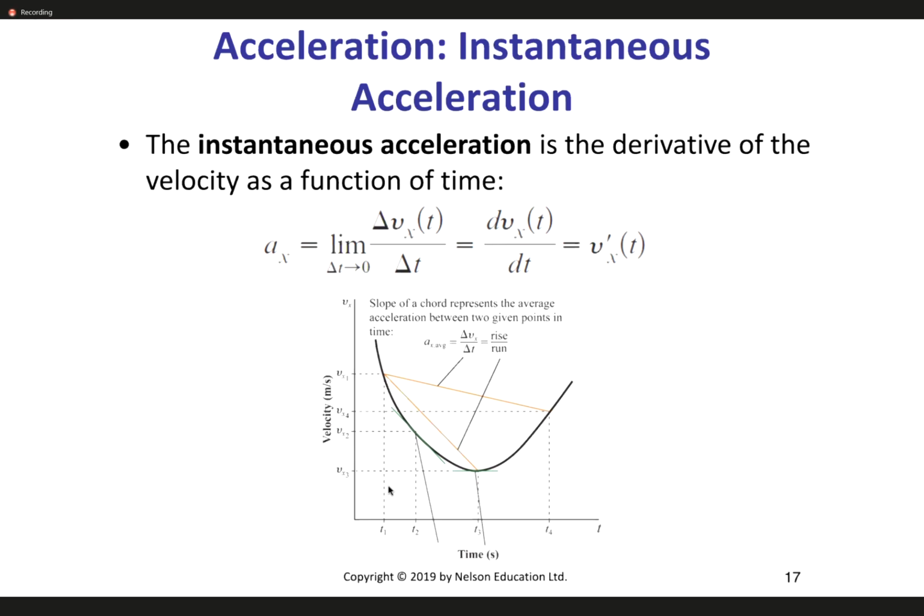The average acceleration is going to be the slope between 2 points on this velocity versus time plot, whereas the instantaneous acceleration is going to be just the derivative of the velocity versus time plot at this time t.